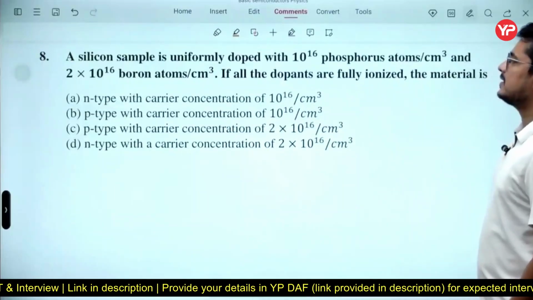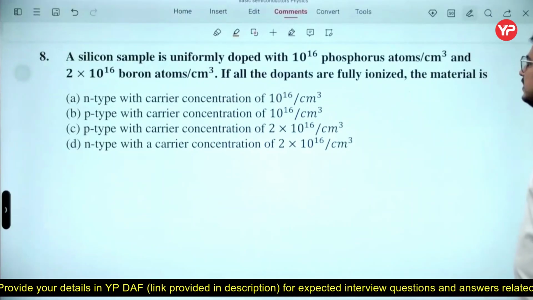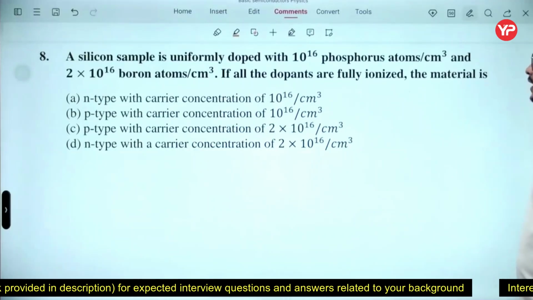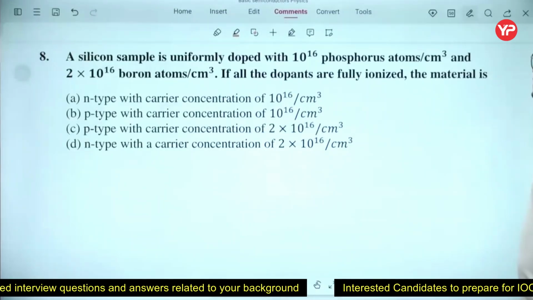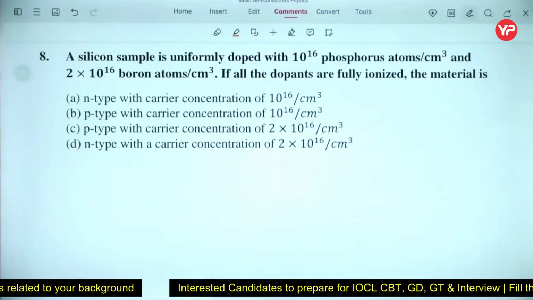Do it. He says that a silicon sample is uniformly doped with 10 raised to power 16 phosphorus atoms and 2 into 10 raised to power 16 boron atoms. If all the dopants are fully ionized, then which type of material is this one? Try to solve it.